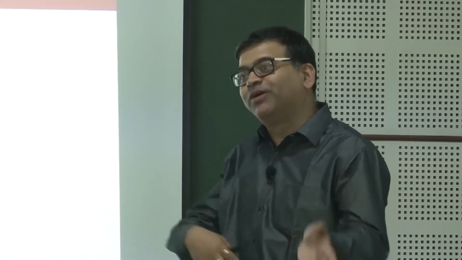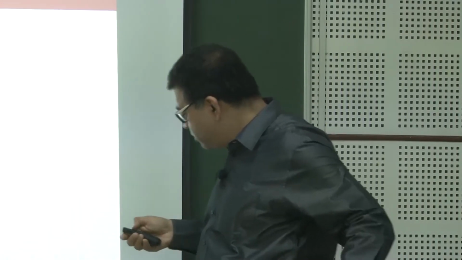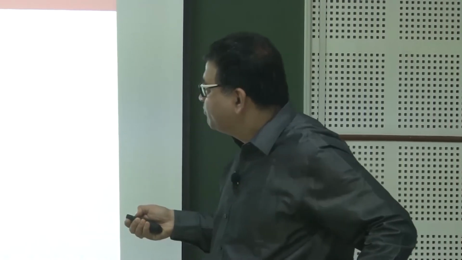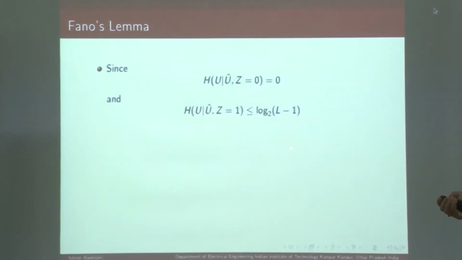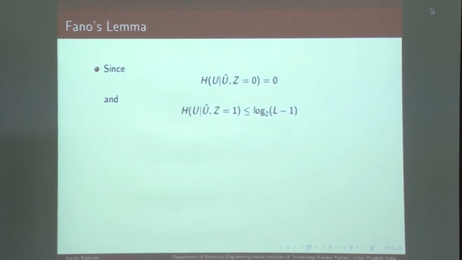See, that is why I was telling you all the results which I have shown, we are revisiting them again and again to prove the result. So, what I have shown here is uncertainty in U given U hat and Z equal to 1 is less than log of L minus 1, correct?